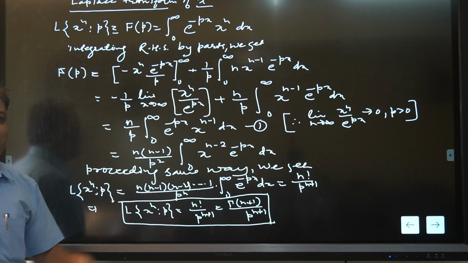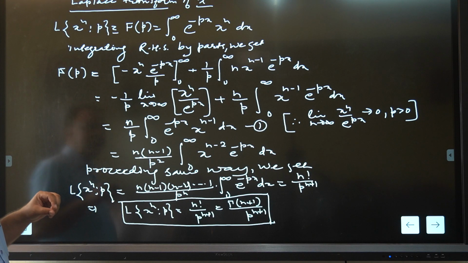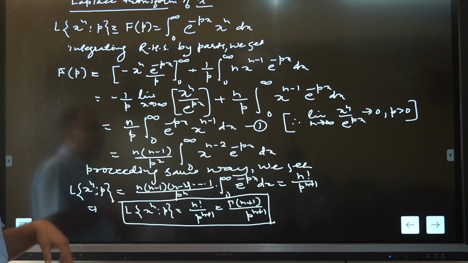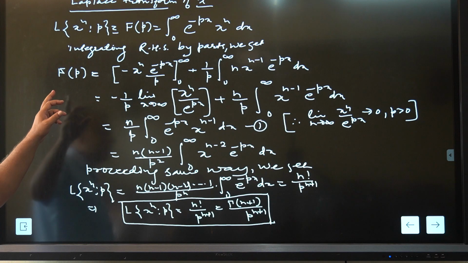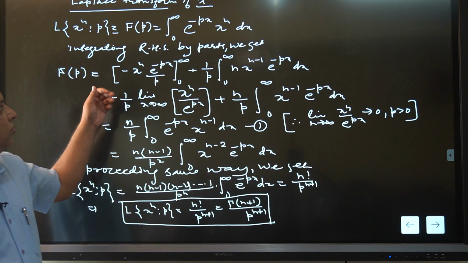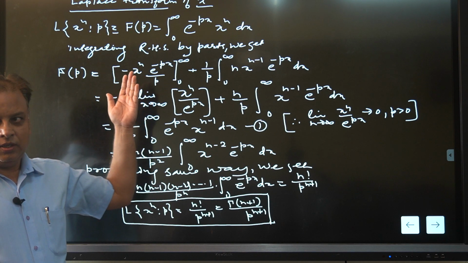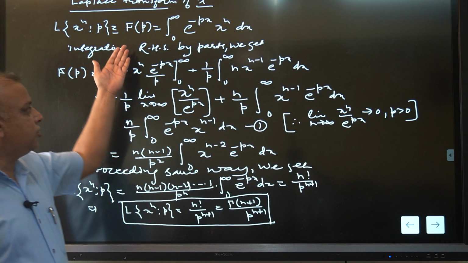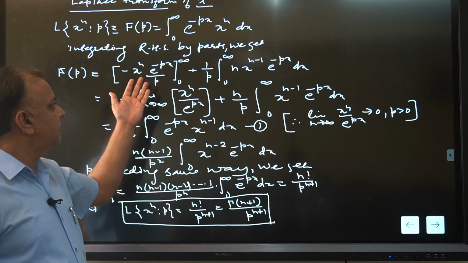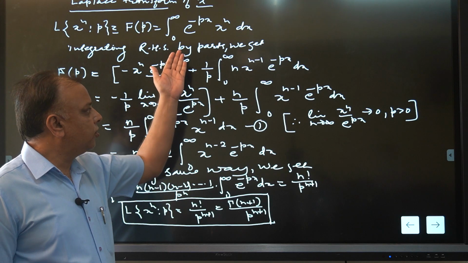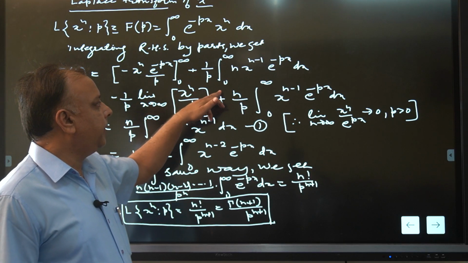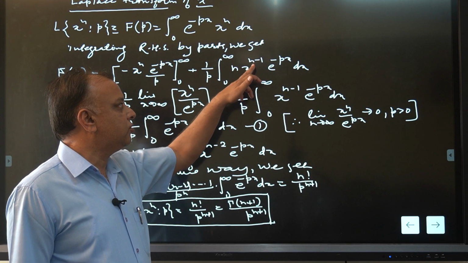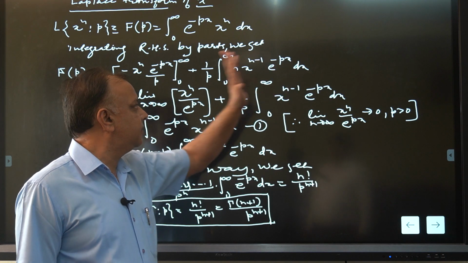By integrating the right hand side by parts, we get f(p), the Laplace transformation, is equal to minus x raised to n e raised to minus px upon p, limit 0 to infinity, plus 1 upon p integral 0 to infinity n x raised to n minus 1 e raised to minus px dx.